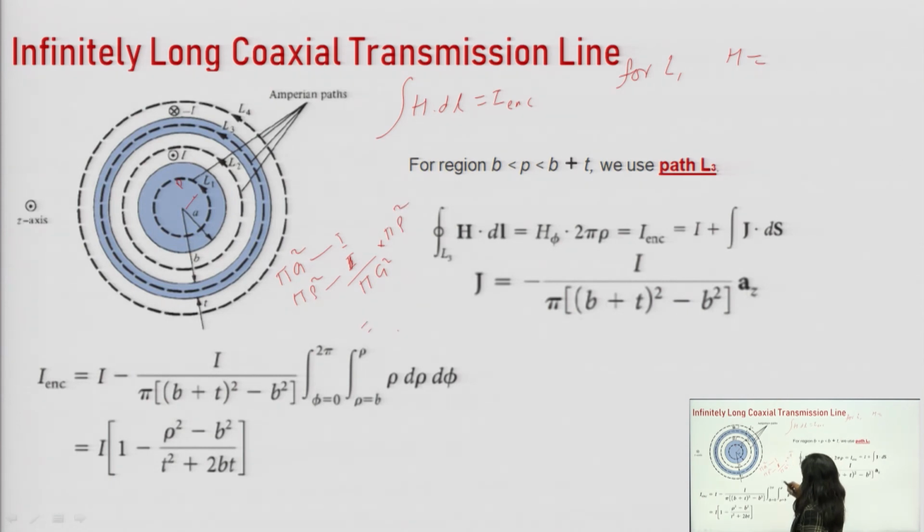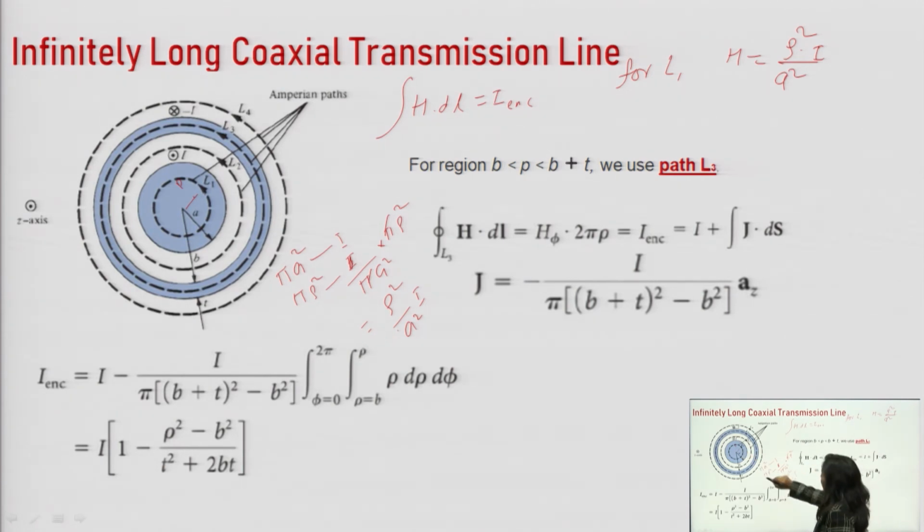That means pi will cancel out, and the total current enclosed will be rho square by a square times I. This is the total current enclosed up to this point rho.